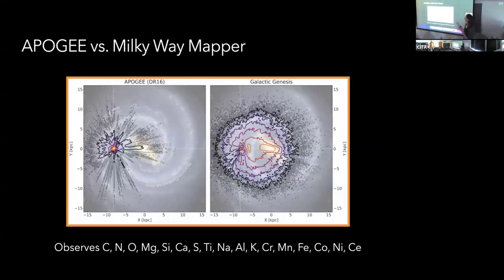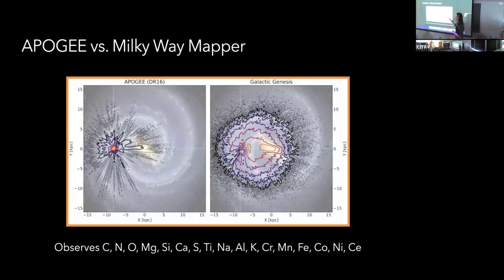I like to show this just to stress the amazing things that SDSS is going to do in the next few years. This is a plot of the stellar distribution that's been observed as of DR16, two data releases ago. And this is the Galactic Genesis program, which is underway right now and will finish in, I think, three years or so.